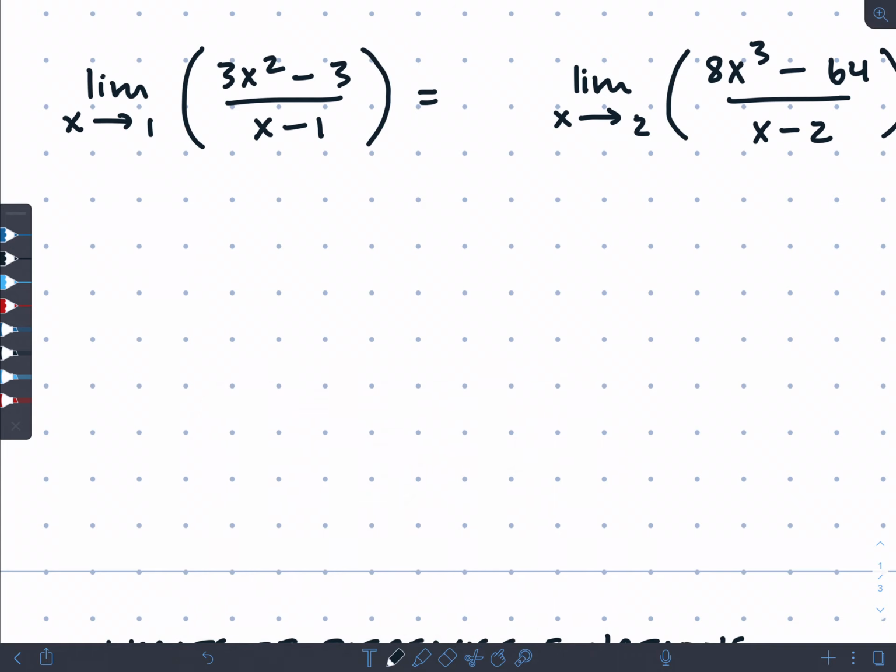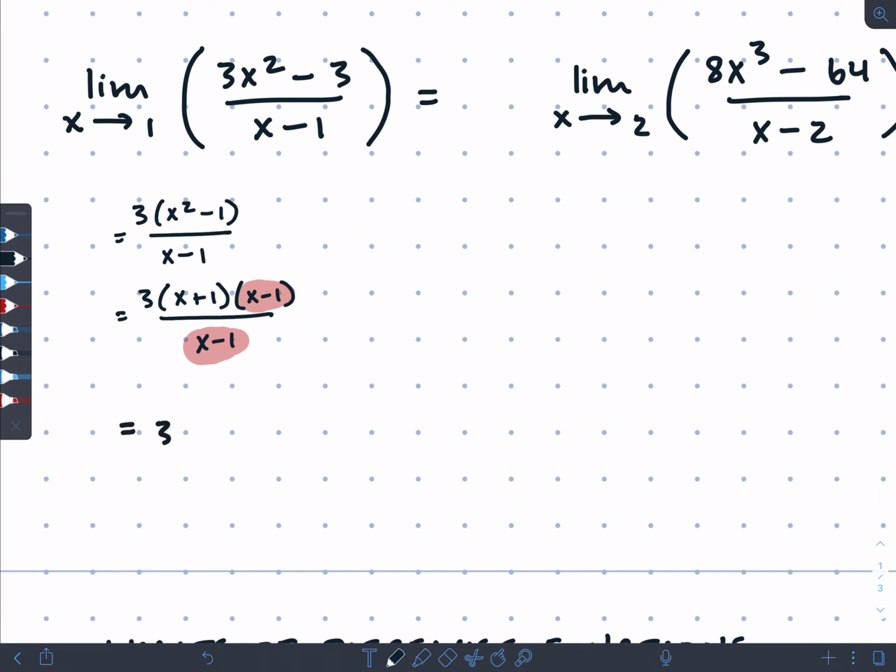And we can actually start by factoring out 3. And I can factor some more. I notice now that these two are common factors, so I can cancel them out.